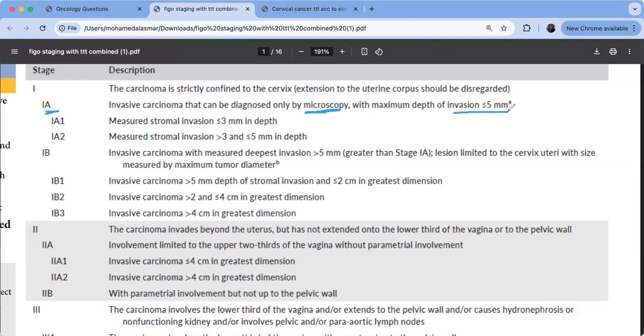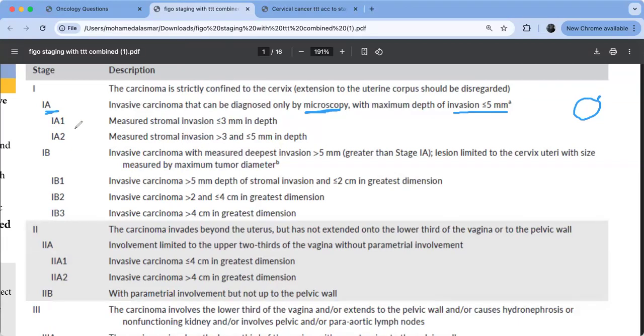So did he mention anything about horizontal? No. So if I told you a lesion of 7 millimeters with a depth of invasion of 3 millimeters, which stage is this?